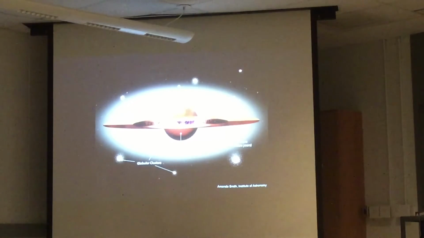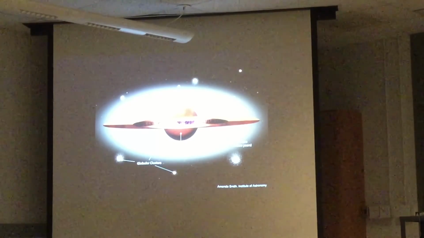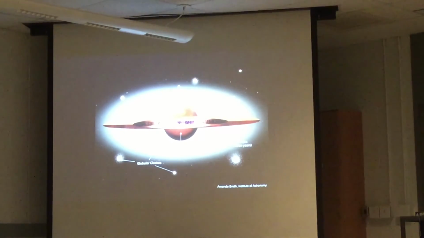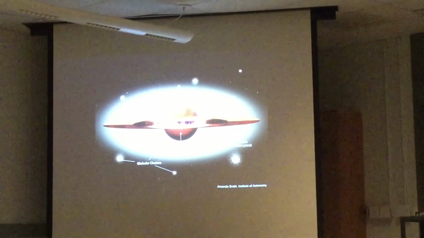So here's another representation of our galaxy structure. I know it's very cartoonish to say the least, but careful star counts show that there's a thick disk of older stars and a thin disk of younger stars. So there are two populations of stars within the disk.